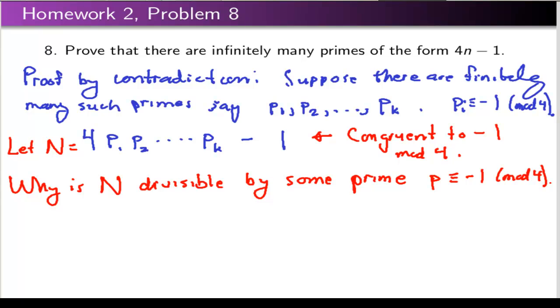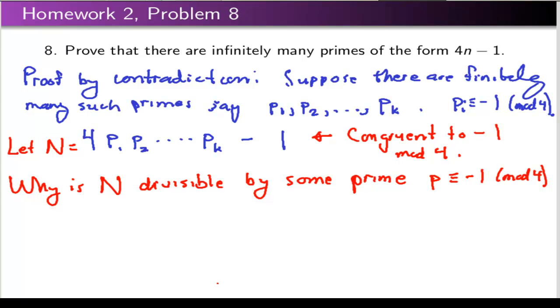That itself is a proof by contradiction. You say, well, suppose n, capital N, had no prime factors of this form, so it would be a product of primes that are congruent to 1 mod 4. Notice this is an odd number, so you don't need to worry about 2 being involved here.